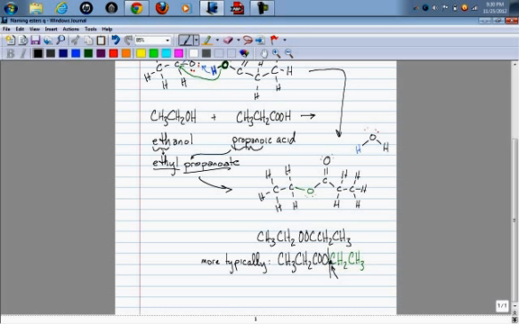Nevertheless, once you draw that dividing line, after you find the COO group, you'll know there's a 2-carbon part of the chain. That must have come from the alcohol. There's the ethyl part, and then here's the acid part. So count the carbons, 1, 2, 3. So that's the propanoic part.